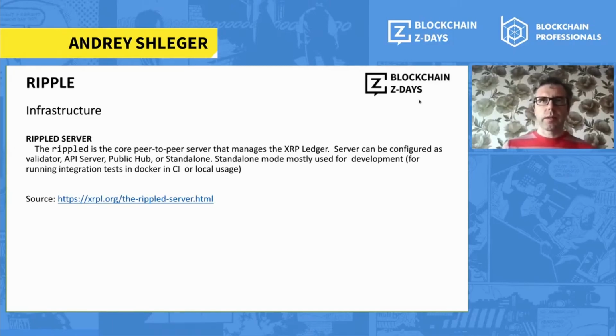Or you just run it with default properties, and you get a public hub, which you could use for sending transactions across the whole blockchain. So it's just plug and play, and it works very simply.